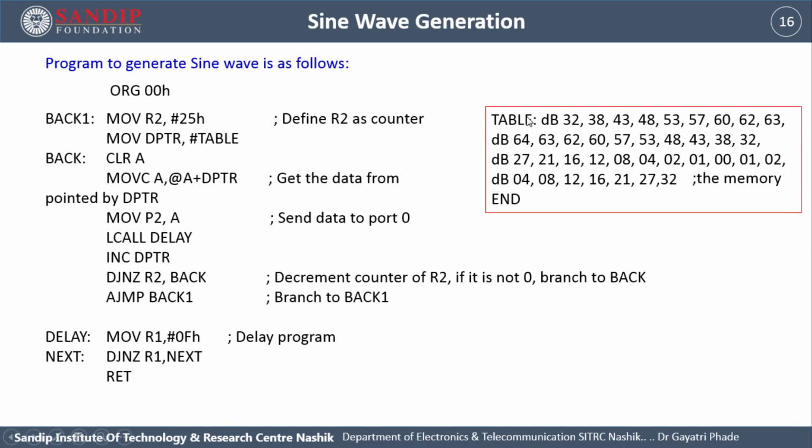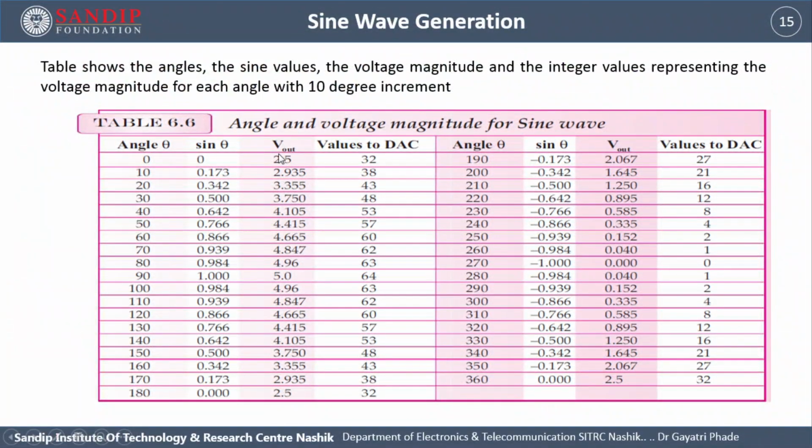We have taken a lookup table, some memory location, given the label as table, where we have kept all the data we have computed in the previous slide, starting from 32 ending with 32. So we have taken it in steps, we have not taken the complete values.